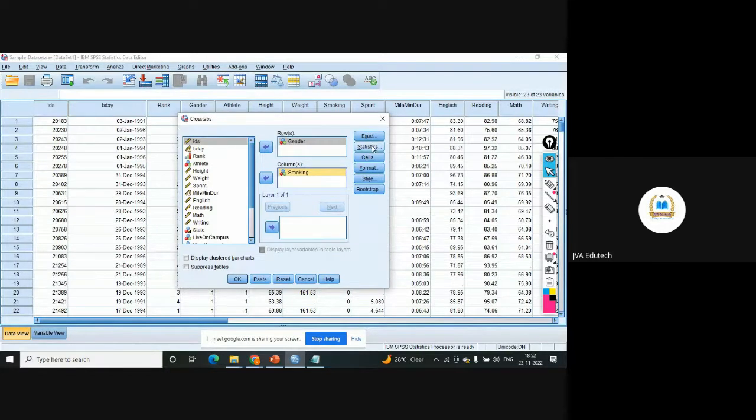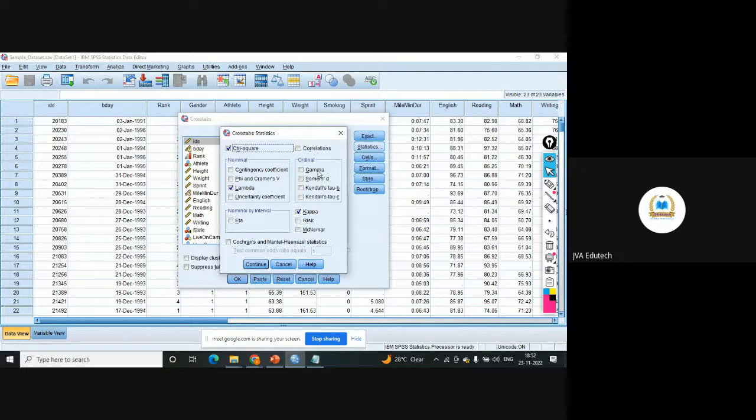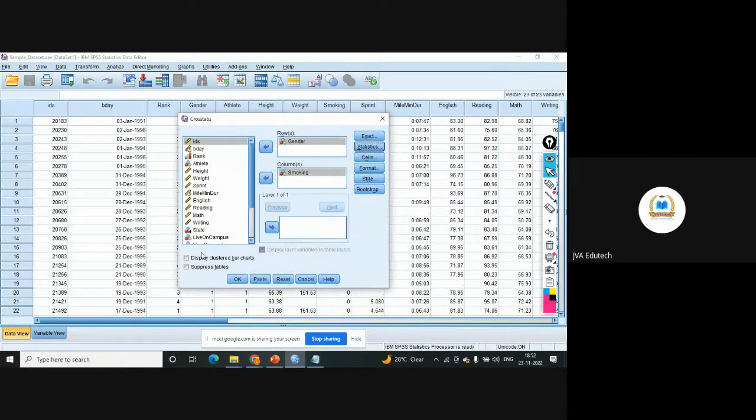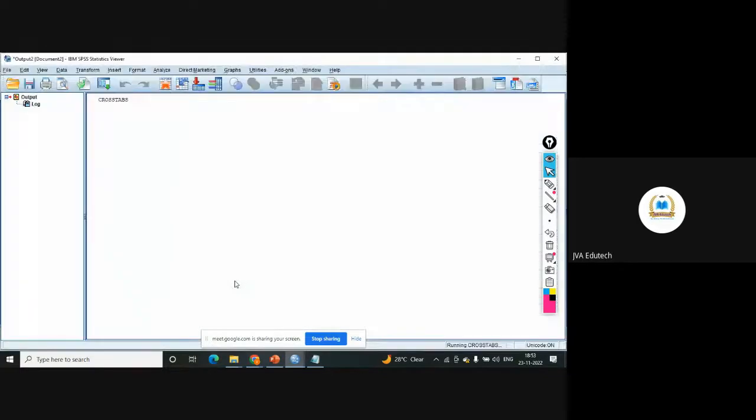On statistics, you can select only chi-square. And if you want, you can take phi and Cramer's V. I'll tell you why we are taking this phi and Cramer's V. Continue. And here only you can take display clustered bar chart. There is an option for that. And click on OK.